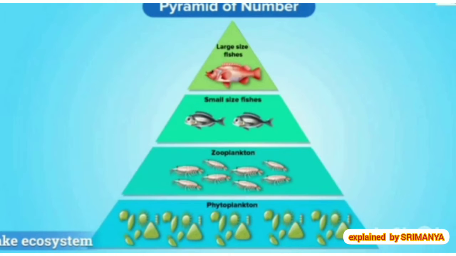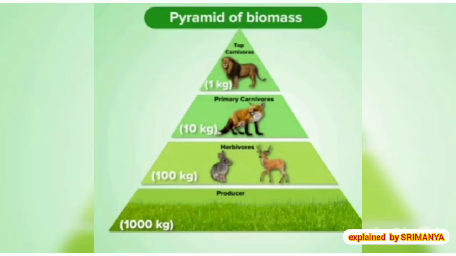Pyramid of biomass. Pyramid of biomass is a graphical representation designed to show the quantity of living matter, biomass, at each trophic level in a given ecosystem. In a terrestrial ecosystem, the biomass progressively decreases from producers to top carnivores. The pyramid structure is upright.